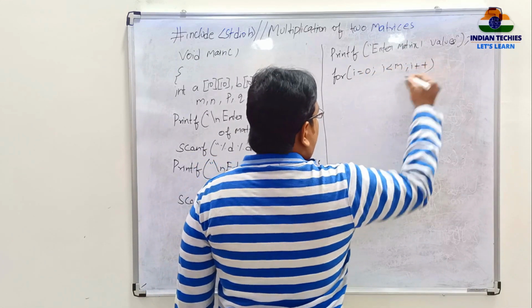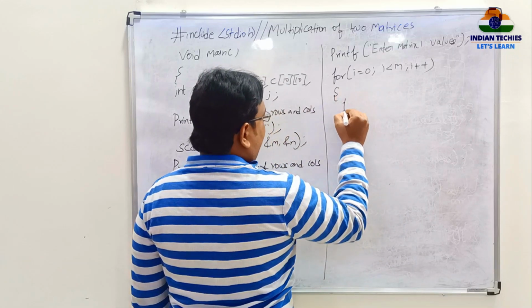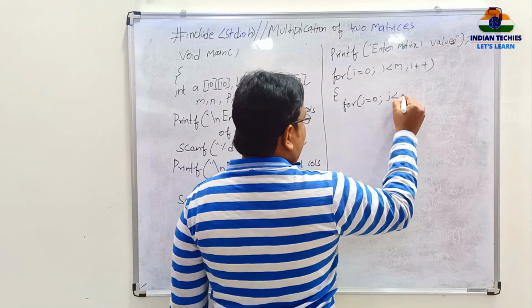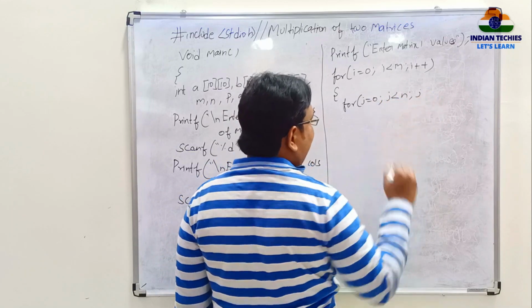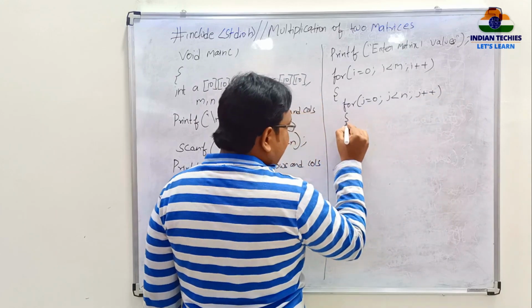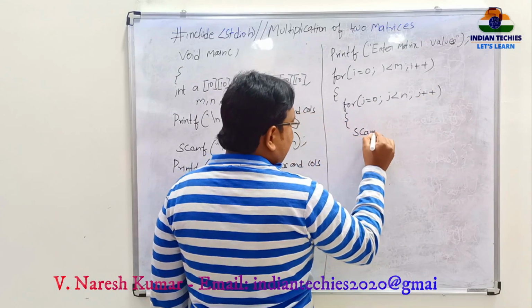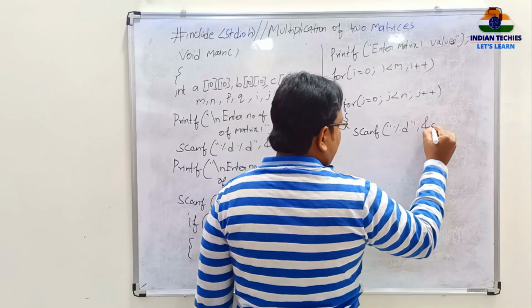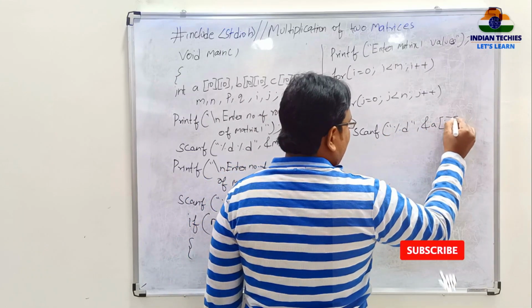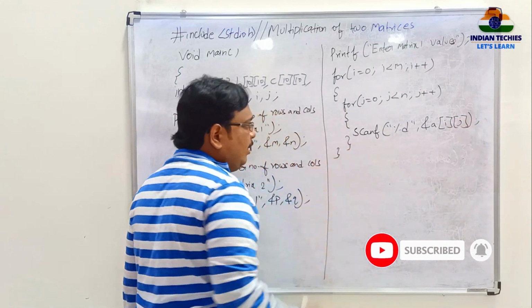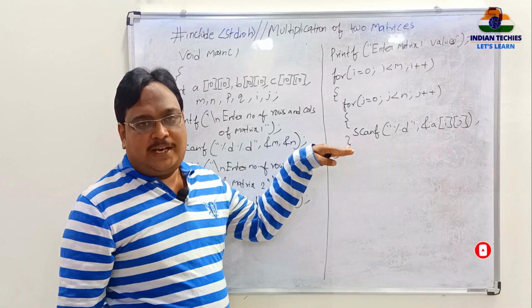Next, for j is equal to 0, j less than n, the columns of the first matrix, j plus plus. Inside this, you will write scanf("%d", &a[i][j]). So close this for. Now your input for matrix 1 has been done.